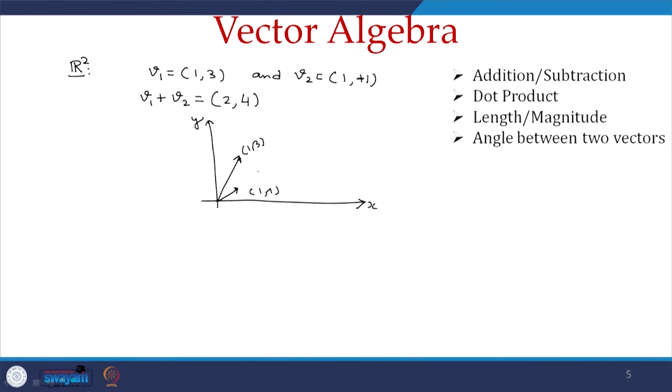Now the sum of these 2 vectors will be like this, which is (2, 4).